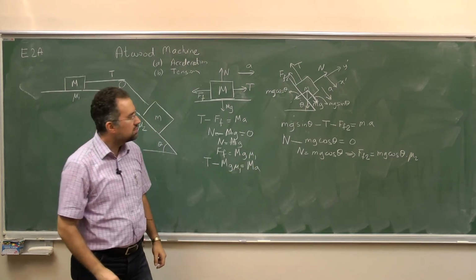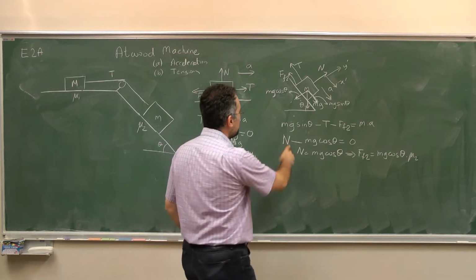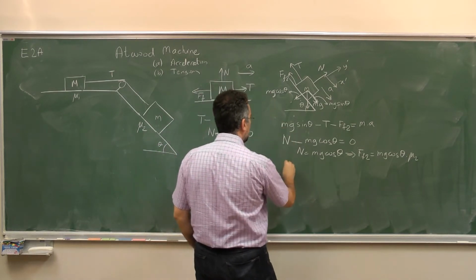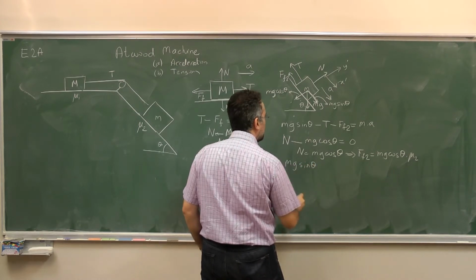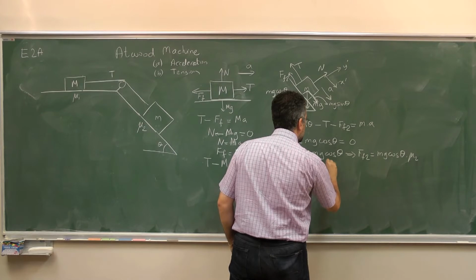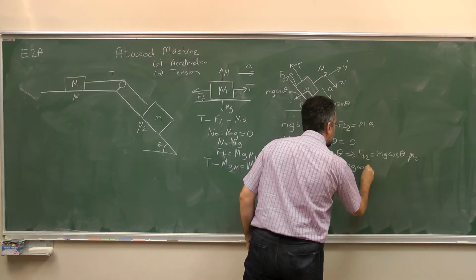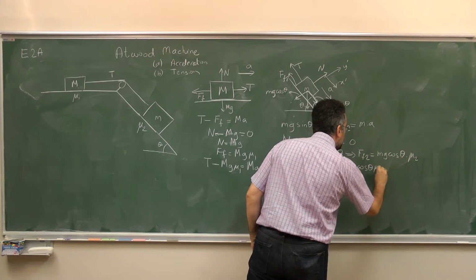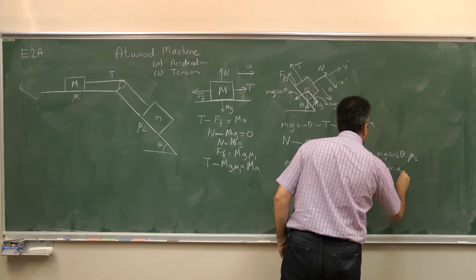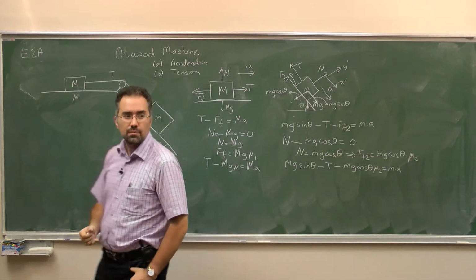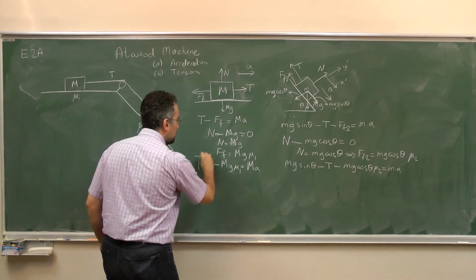Mu1, fixed. All right, then the equation here is mg sine theta minus T minus mg cosine theta mu2 equals mass times acceleration. Equation number 1.